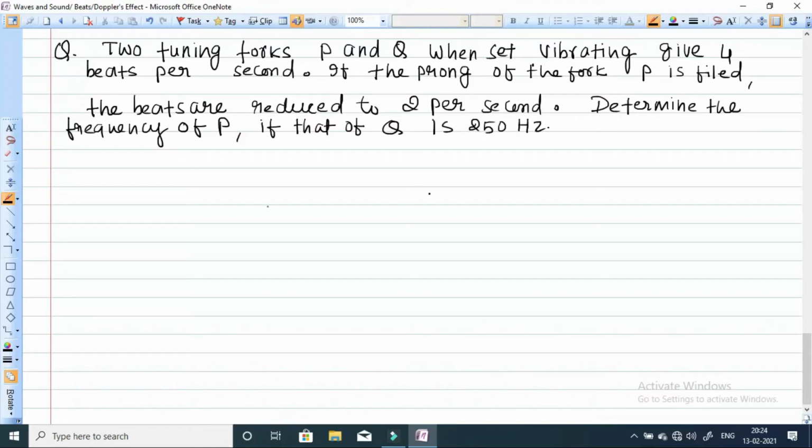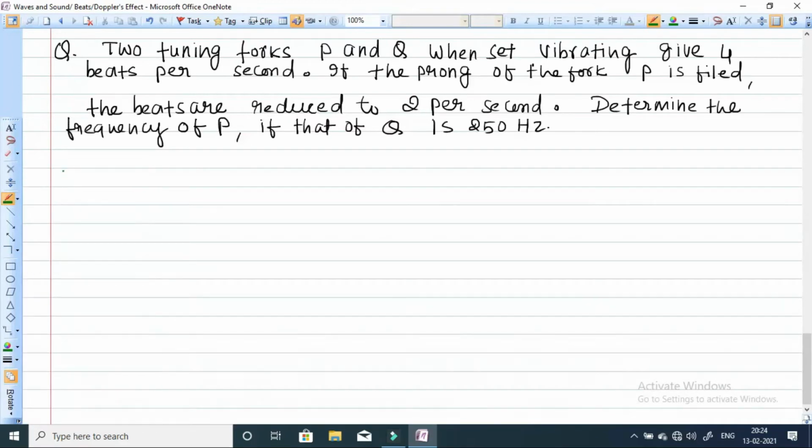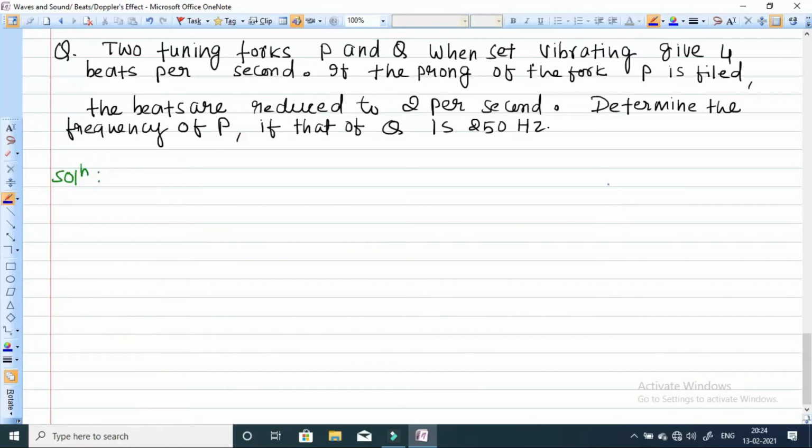We can easily solve this problem using the concept of beat frequency. Let me solve this problem for you now. But before solving, let us understand what a tuning fork is. This is the shape of the tuning fork you will see in the physics lab. It is U shaped.